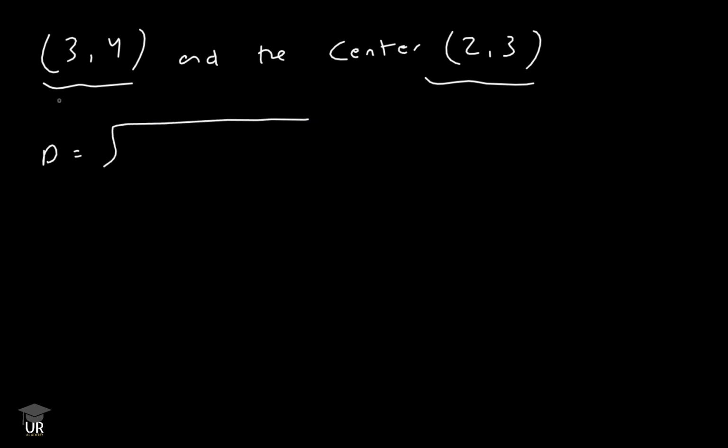Let's just take this as x1 and y1, and this as x2 and y2. So this will be 3 minus 4 whole square plus 2 minus 3 whole square.